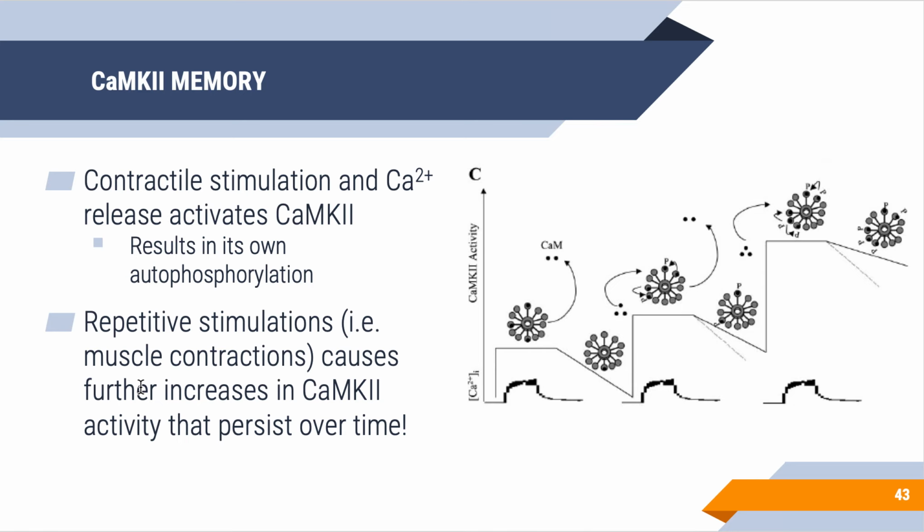With repeated muscle contractions, we can have these effects that persist over time because the phosphorylation hasn't worn off from the previous contraction yet, kind of like graded action potentials or action potential summation. So again, repeated contractions can cause this effect to last over time because that phosphorylation builds up and persists.